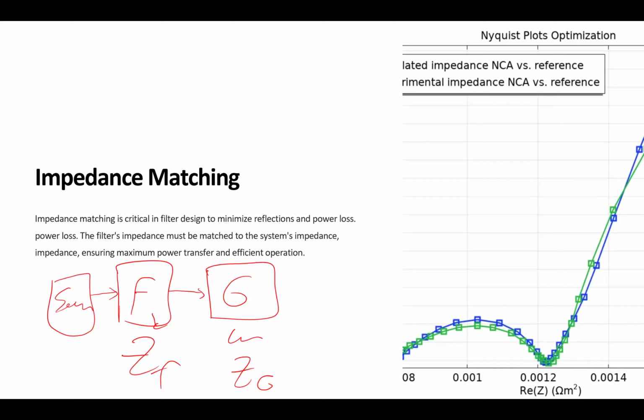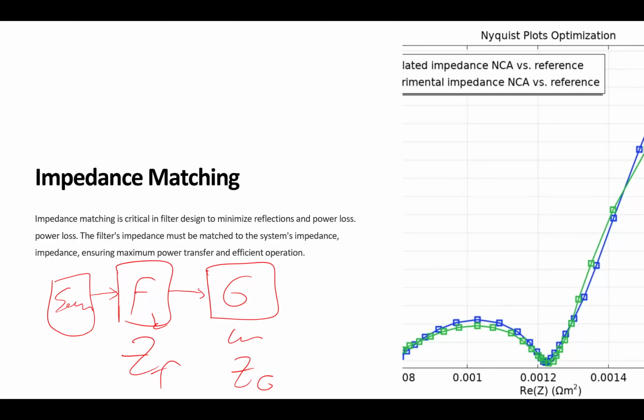Okay? Now, what happens if they are not matched? Why is there a lower power transfer when these two impedances are unmatched? Reflection happens. It's a wave going through one medium to another medium, like when you have a beam of light going through air and then entering water. It has a bending, a reflecting effect.